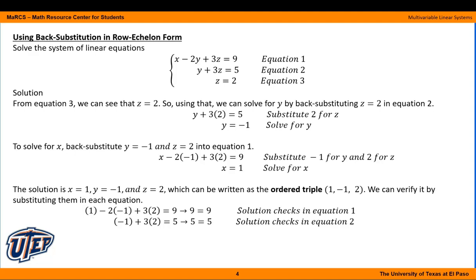Replacing y with negative 1 and z with 2 gives x minus 2 times negative 1 plus 3 times 2, which is equal to 9. Solving yields x is equal to 1. Therefore, the solution is 1, negative 1, 2. This ordered triple satisfies all three equations. Notice how row echelon form allowed us to solve from the bottom upward, one variable at a time.